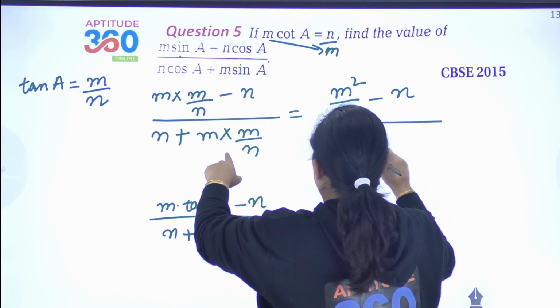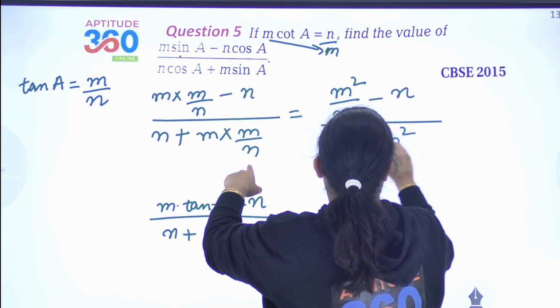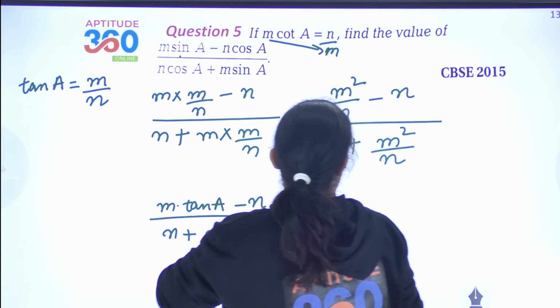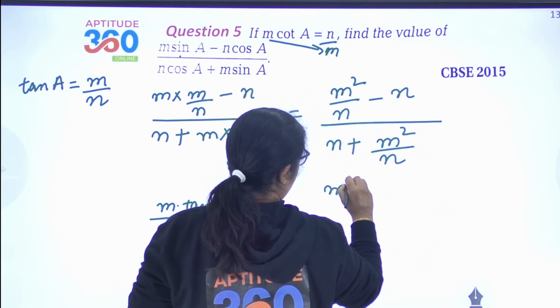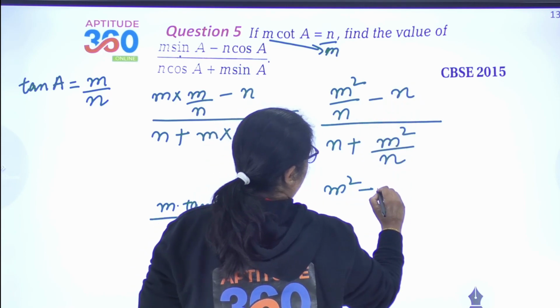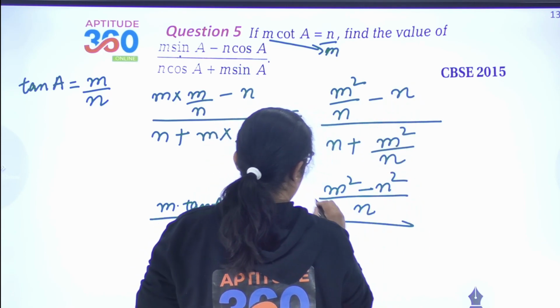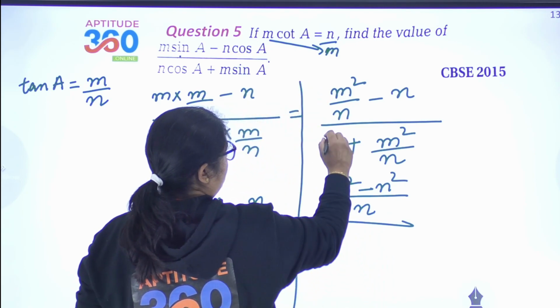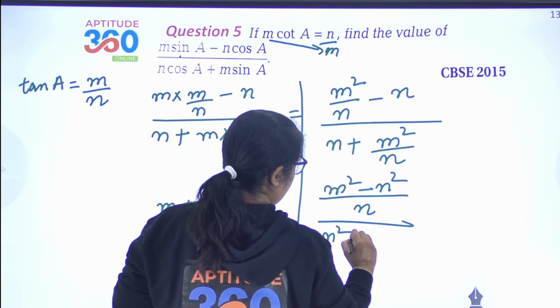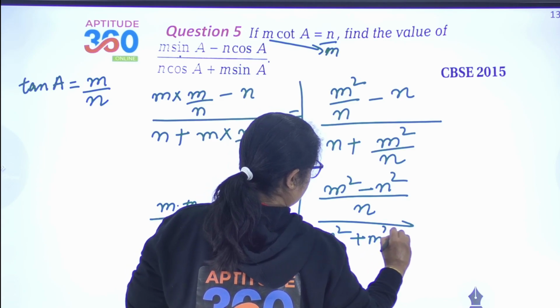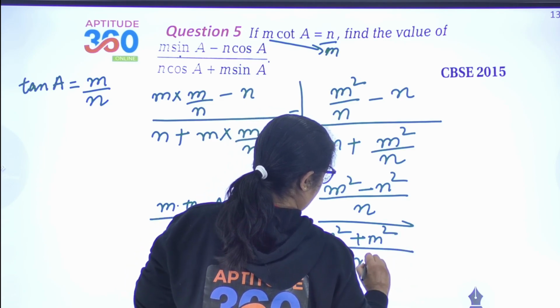plus, these are all fractions, friends. I hope you all know how to solve the fractions, upon n square plus m square upon n.